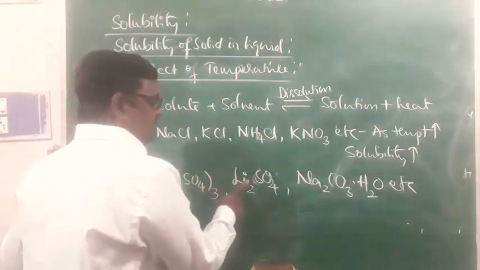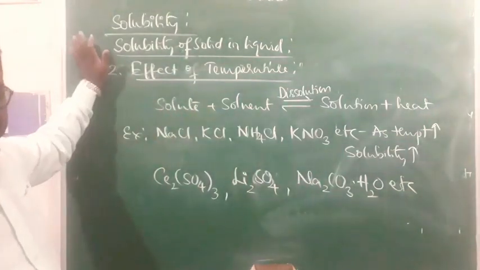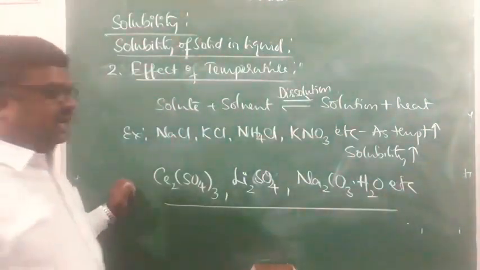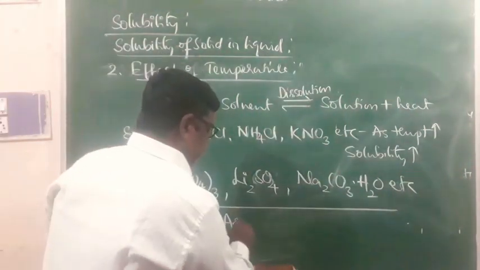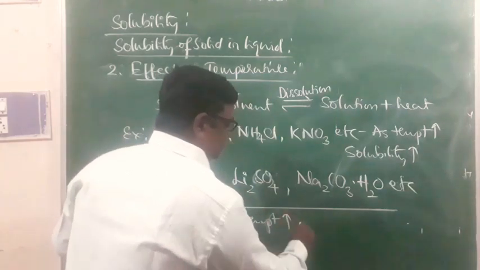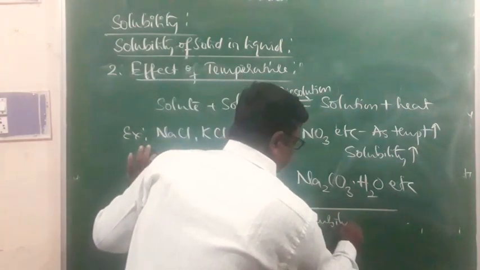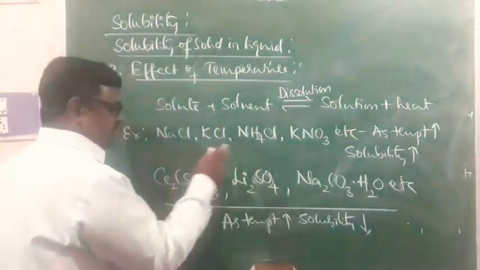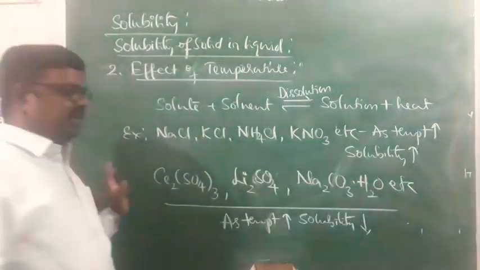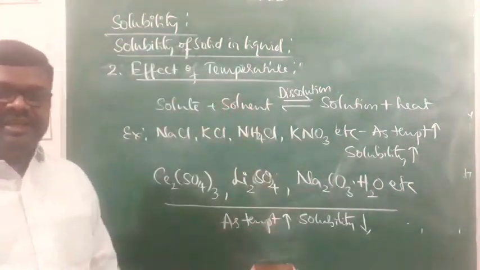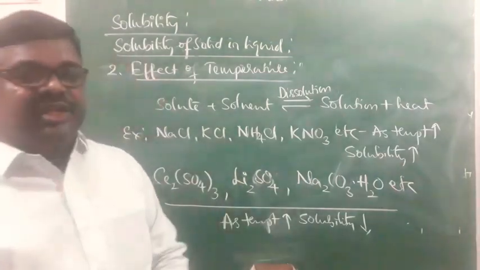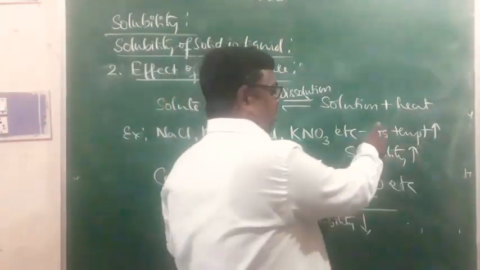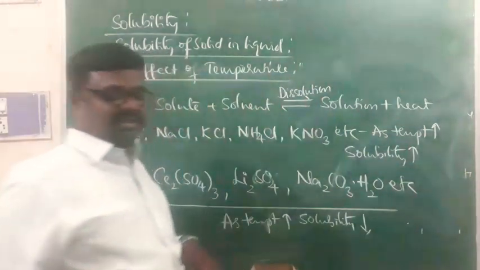During the dissolution of these salts in water, the process is exothermic. Therefore, in these cases, as the temperature of a solution increases, solubility decreases, because dissolution is exothermic. In the first case, dissolution is endothermic, therefore as temperature increases, solubility increases.